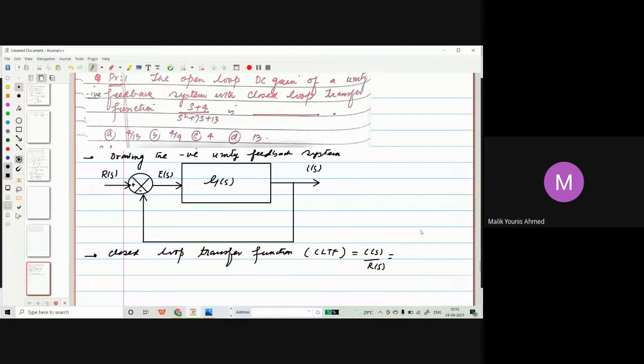S plus 4, which is equal to basically G of S divided by 1 plus G of S H of S. H of S is here 1.